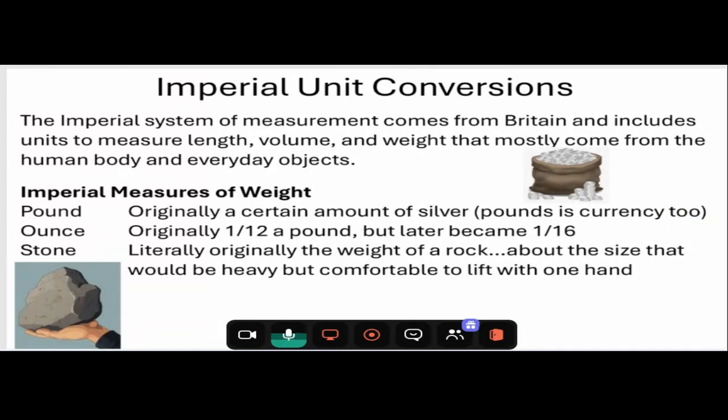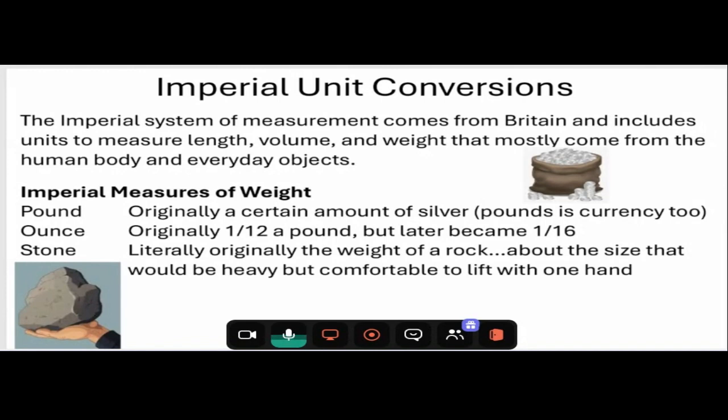Imperial measures of weight. A pound was actually originally used for money, which it still is today in England. So a pound as a weight was how heavy the amount of silver was that was worth a pound of money. An ounce is Latin, and it means a 1/12. So originally, an ounce was 1/12 of a pound, but again, they changed it later and they made it 1/16 of a pound.